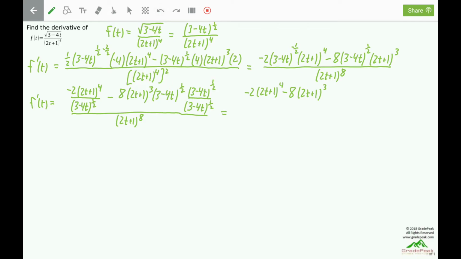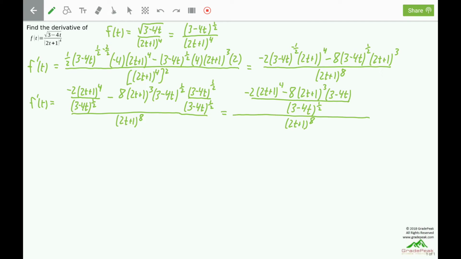We add the exponents, 3 minus 4t to the 1/2 plus 1/2, which is 1. All of this is now over that common denominator of 3 minus 4t to the 1/2 power. And then the entire thing is divided by 2t plus 1 to the 8th power.